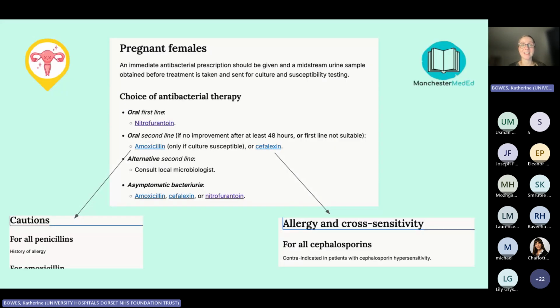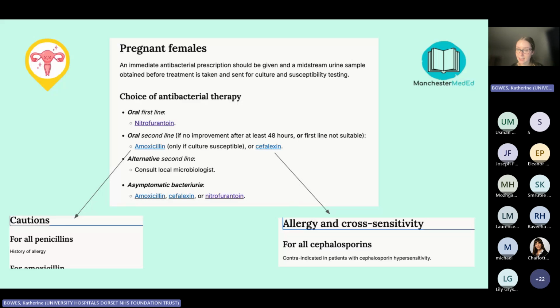Okay, so this is just illustrating how to use the BNF once again and getting you guys comfortable with that. We've seen this treatment summary before. The bacteria is resistant to nitrofurantoin. So we have amoxicillin, but we know there's a history of penicillin allergy. If you click on amoxicillin, it says for all penicillins, history of allergy is a caution.